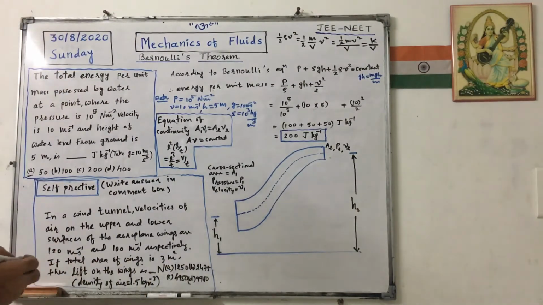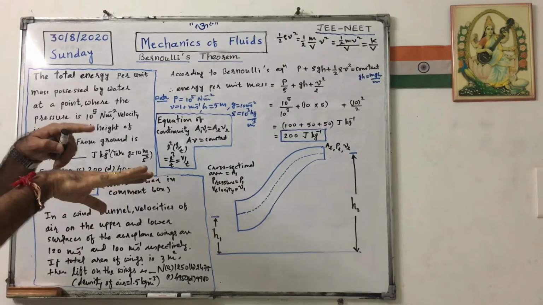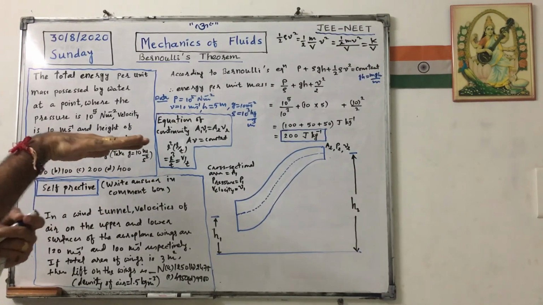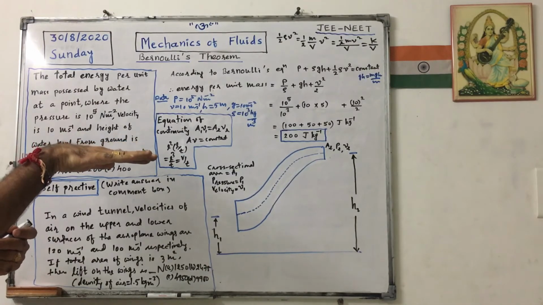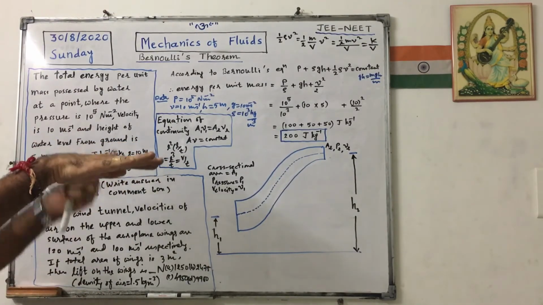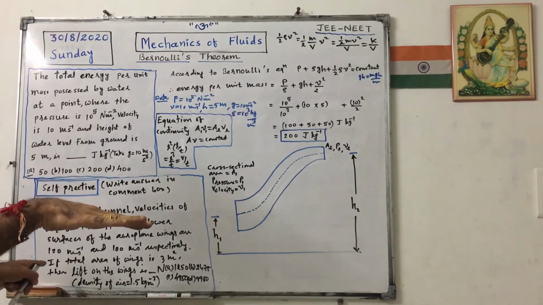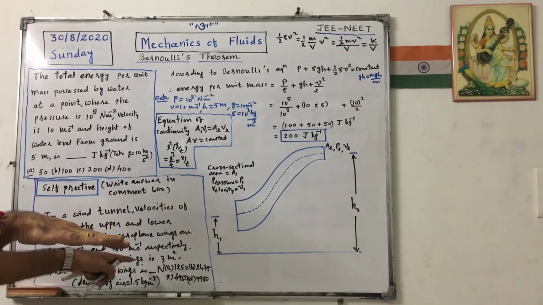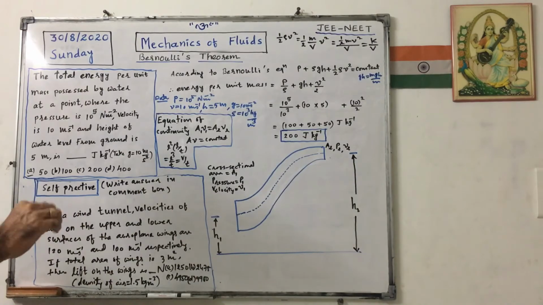Now this problem you have to solve. In a wind tunnel, velocity of air on the upper and lower surfaces of aeroplane wings are 120 meter per second and 100 meter per second. Two velocities are given. If the total area of the wings, capital A, is given, how will you calculate the lift on the wings?